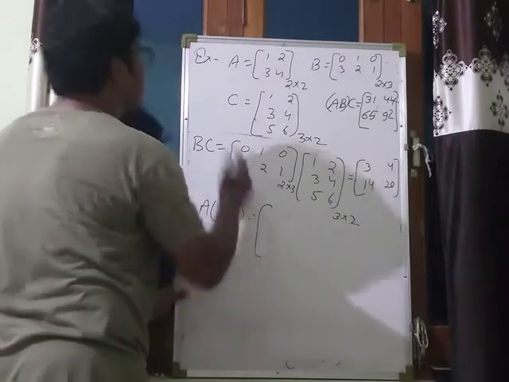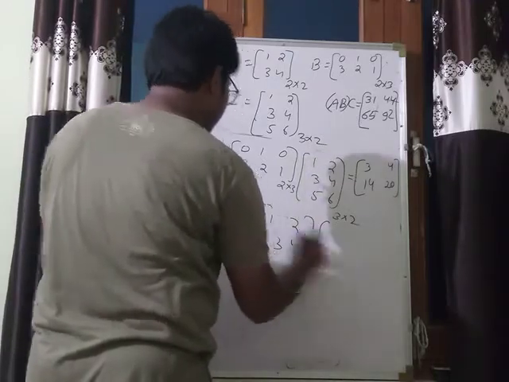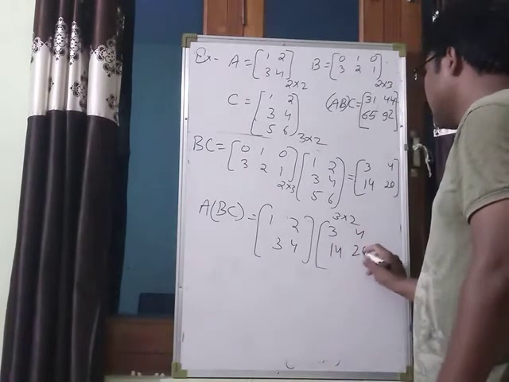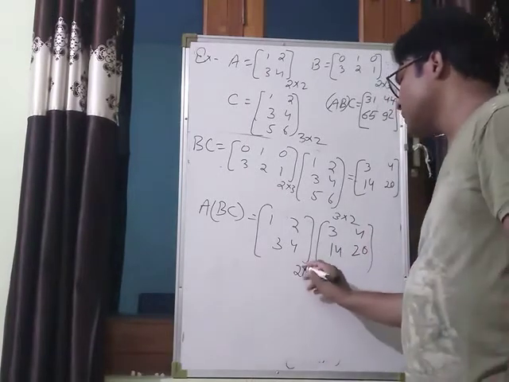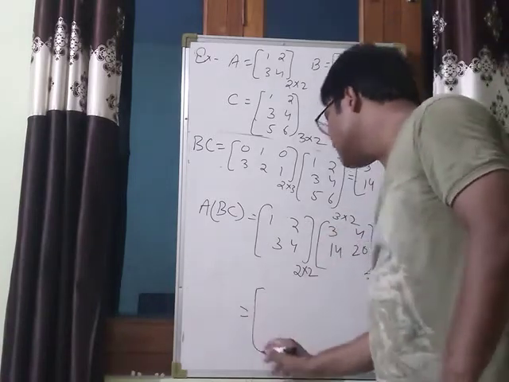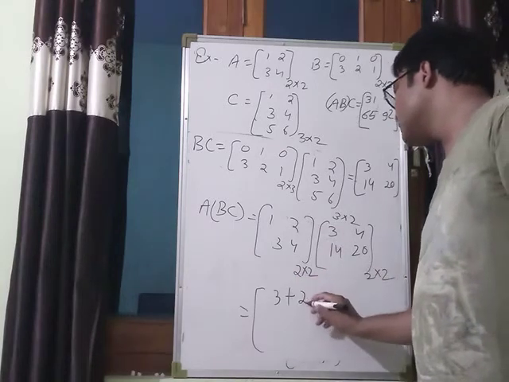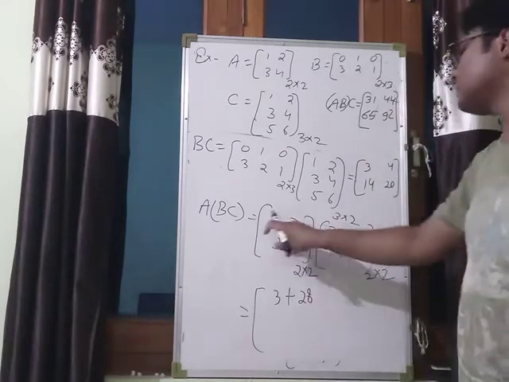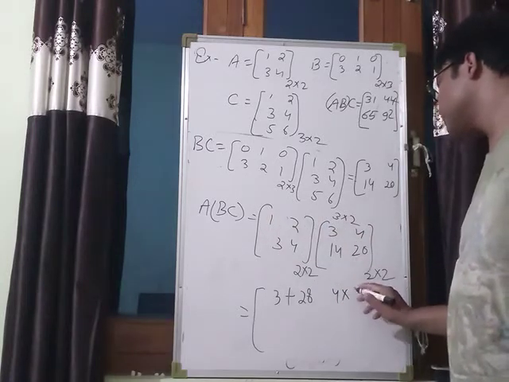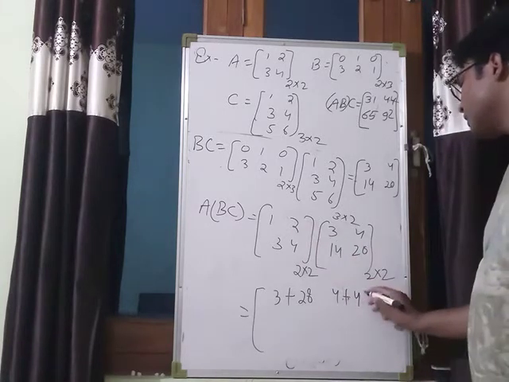Here A is 1, 2, 3, 4 and BC is 3, 4, 14, 20. This is of order 2 by 2, this is also of order 2 by 2. Clearly A into BC exists, and that will be 1 into 3, 3 plus 2 into 14, 28. First row, second column, 1 into 4, 4 plus 2 into 20, 40.